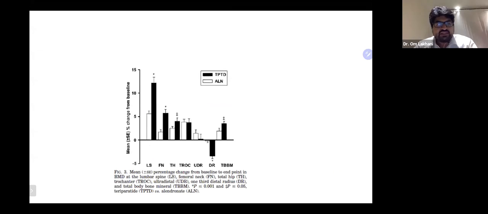Again, you can see from this study that teriparatide has a clear benefit at multiple places, except for the radius, right? What you see here is the distal radius. So in the radius, teriparatide does not help, but other places it definitely helps. But at the radius, even with alendronate there is not much improvement in bone mineral density. Okay.